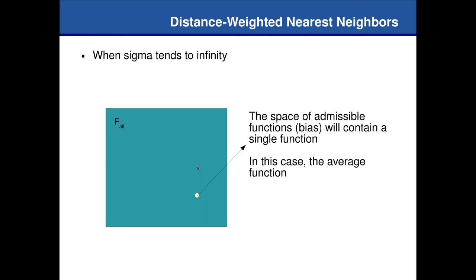Just analyze this. If my sigma is very, very large, I am selecting a very restricted space of admissible functions, aka a strong bias, and I will contain a single function. If I start decreasing sigma slowly, I will be increasing the space of admissible functions.